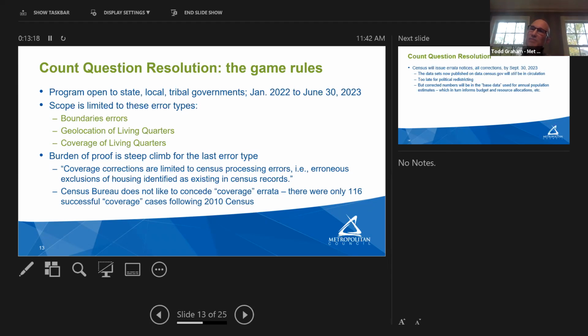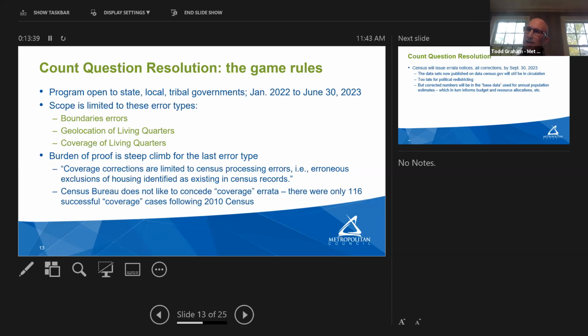What I'm saying is the Census Bureau will only issue errata corrections if they find that they themselves, the Census Bureau, made errors. Like hypothetically, if they did not get around to an apartment building, even though one of our county governments provided them the address 2 years ago, that's an error.